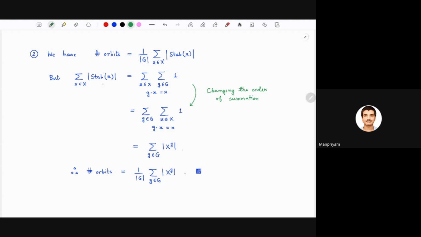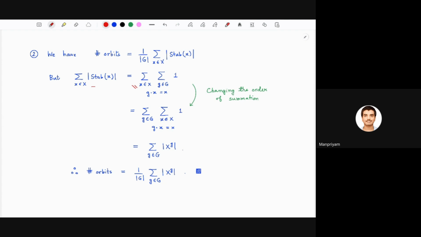Well, the number of stabilizers is precisely just a sum over ones with the condition that g dot x equals x. So this summation can be written exactly as this summation, with this extra condition in the index of summation that g dot x must be x. Otherwise, we do not sum that term.